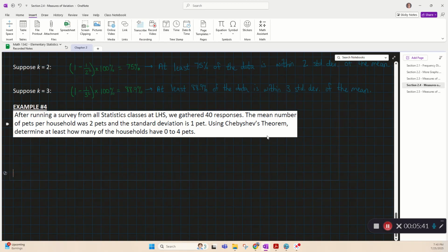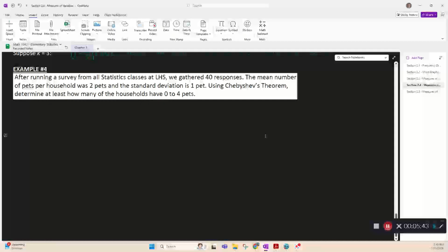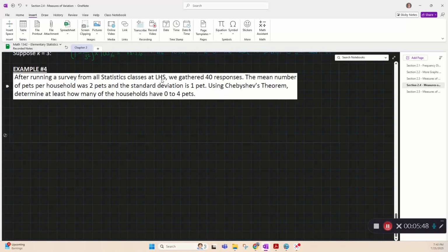Okay, after running a survey from all statistics class at LHS, we gathered 40 responses. The mean number of pets per household was 2 pets, and the standard deviation is 1 pet. Using Chebyshev's theorem, determine at least how many of the households have 0 to 4 pets.